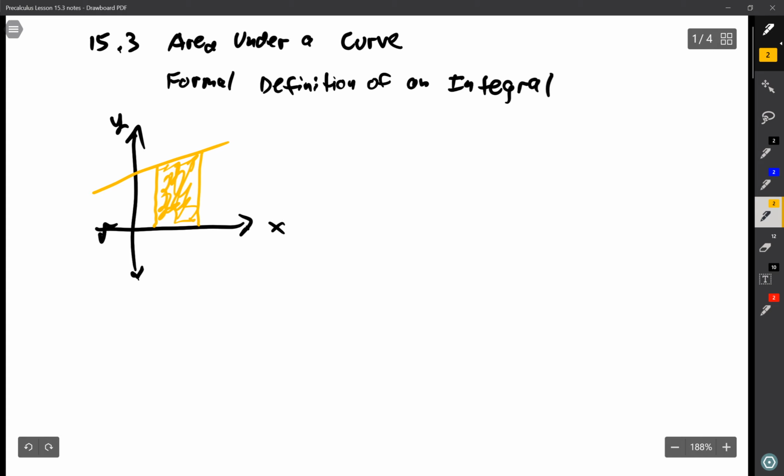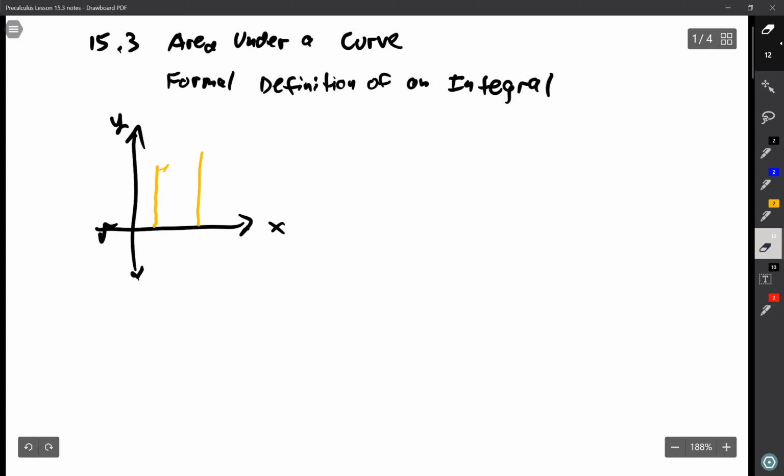Well, geometry will serve us just fine because we have some form of a four-sided polygon, right? You could find the area of this rectangle and then the area of this triangle and add those two and you're good to go.